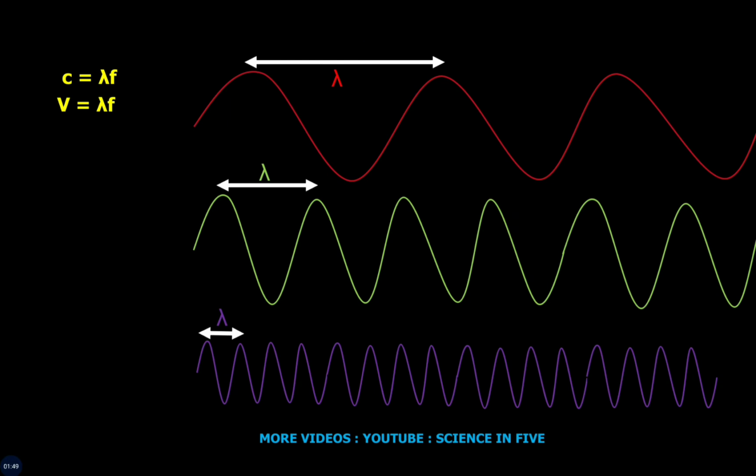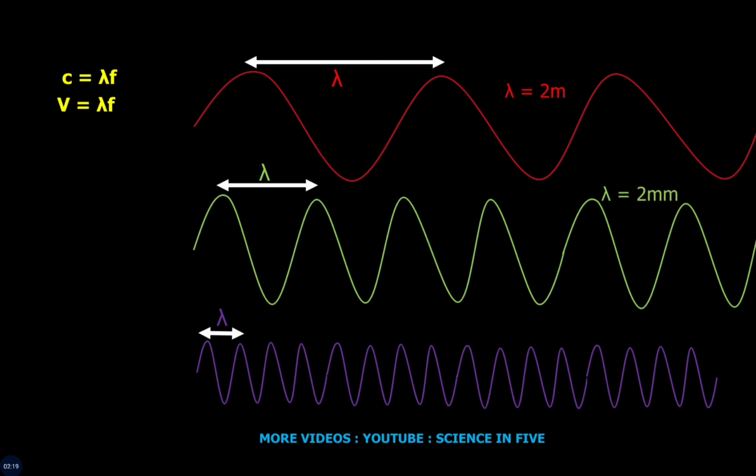But we notice that the red has the fewest waves seen in this pattern, and the purple has the most waves. So is there a relationship between the wavelength and the frequency, and what is that relationship? It appears that as the wavelength decreases, the frequency increases.